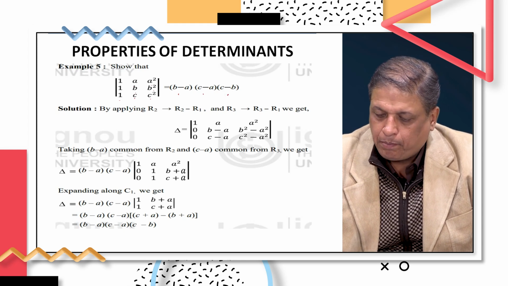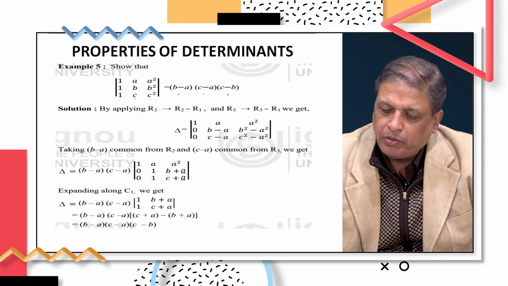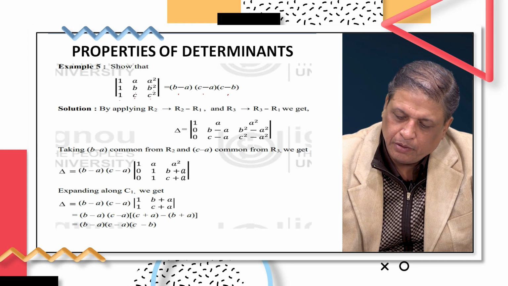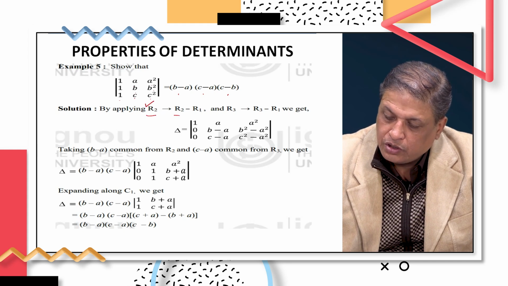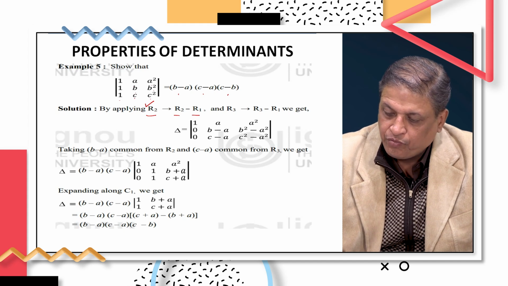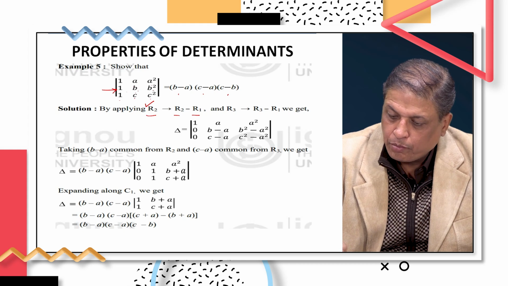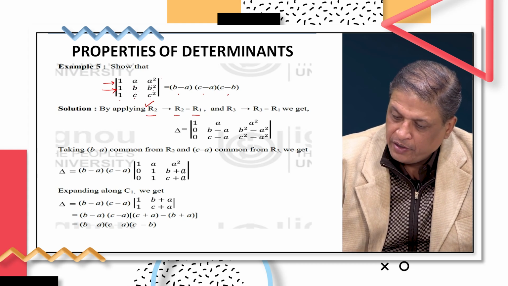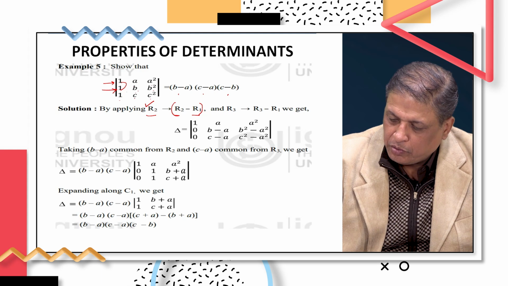If we apply some row operations, which we will discuss explicitly in detail in subsequent slides, say R2 becomes R2 minus R1. Row 2 is 1 b b square, and row 1 is 1 a a square. If we subtract the first row from the second row, then 1 minus 1, what will be the first value?